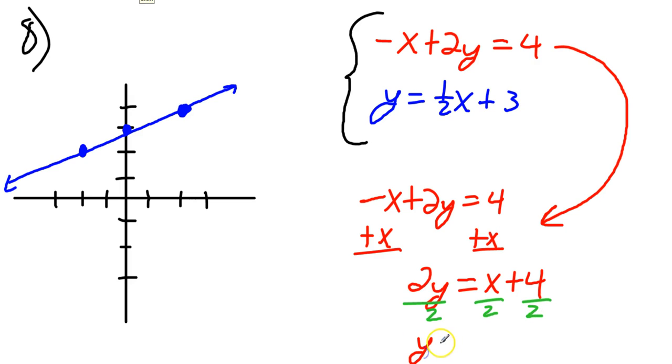So we've got y equals 1/2 x plus 2. Okay, so for this one, we're going to start at +2 with our b value. And then from there, we're going to go up 1 and over 2, and then up 1 and over 2.